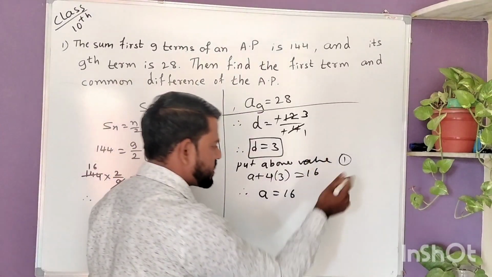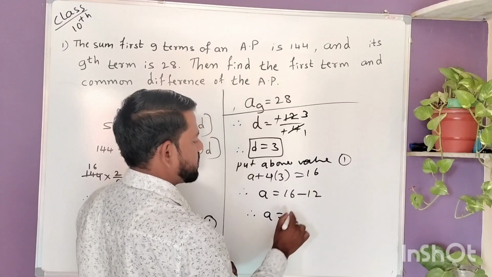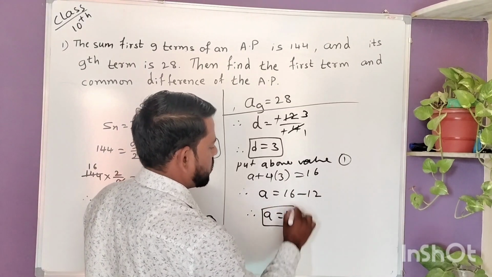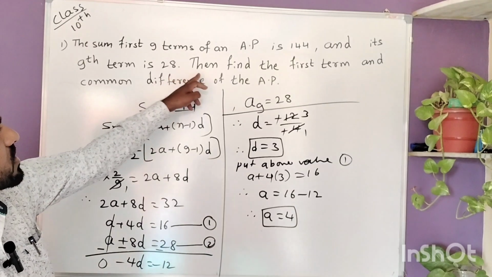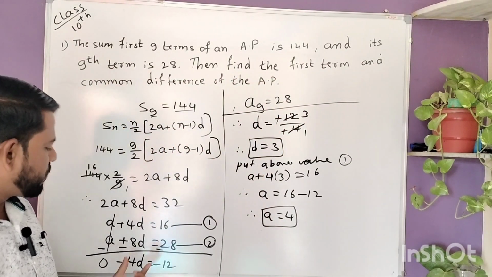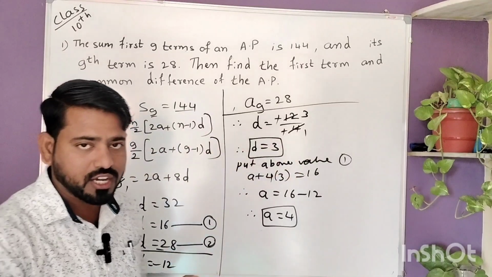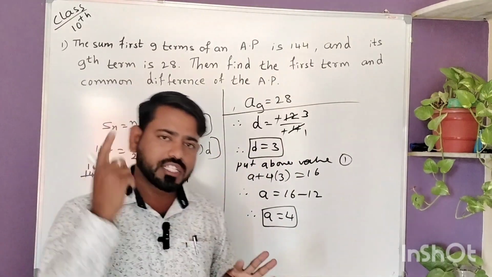Bring this 12 to RHS, it becomes minus 12. Therefore, a is equal to 16 minus 12 becomes 4. Now we get the a value also. Here they ask to find the first term and common difference. We calculated both of them. In some problems they ask any term or sum also.